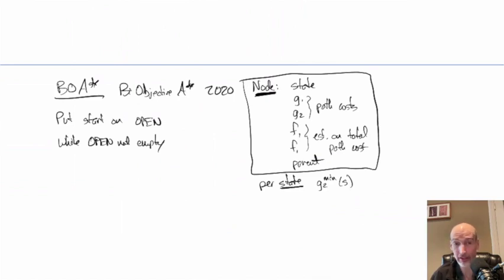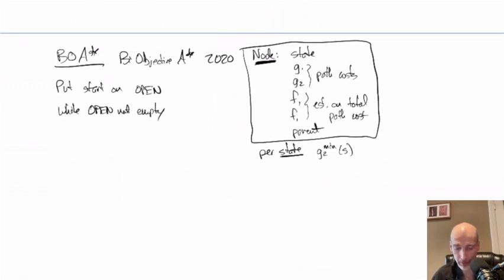So we're actually going to exhaustively search until open is empty, and then we're going to be done. And what we're going to choose to expand is find the lexicographically smallest node on open.